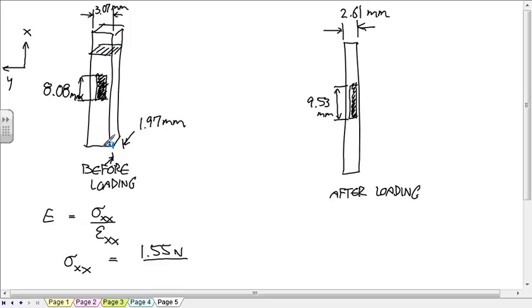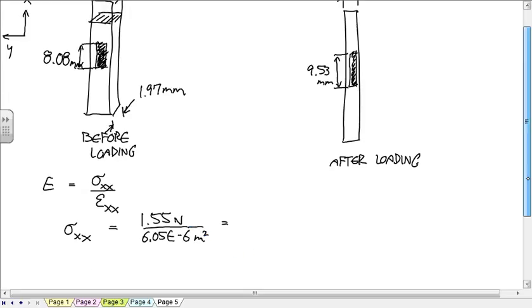I guess just tell me, what's 3.07 times 1.97? E to the -6, I think it should be, right? Okay. And that's meters squared. And so what do you get for the axial stress?